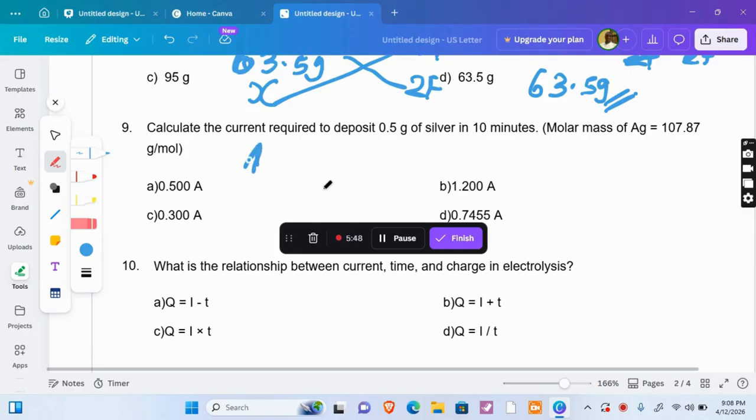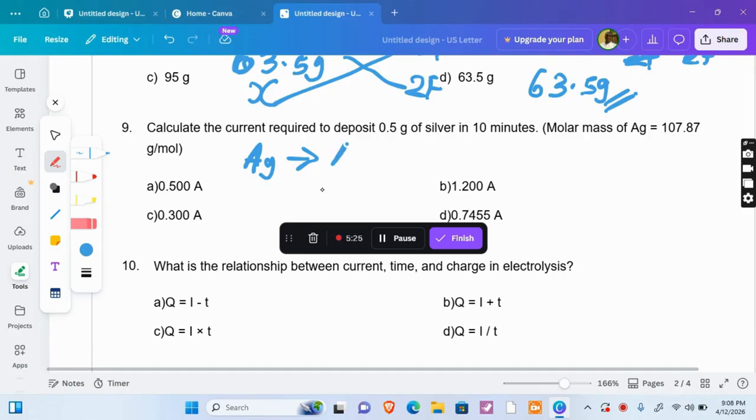Silver is always in the solid form. When it undergoes electrolysis, go and practice the charges of metals and non-metals. You can check the electrochemical series to practice the charges of many metals and non-metals. This will help you. If you don't know the charge of silver, you won't get it.